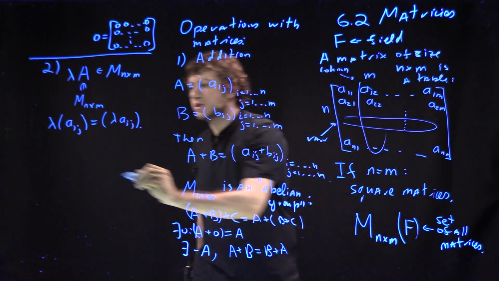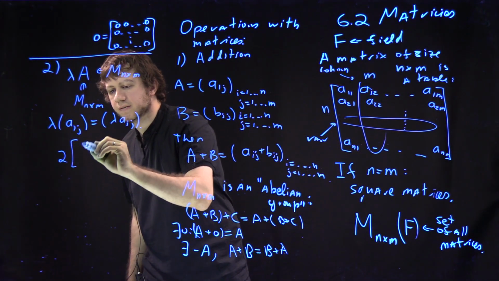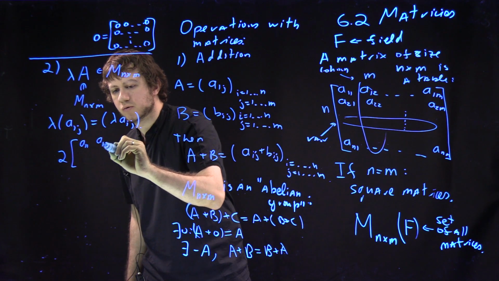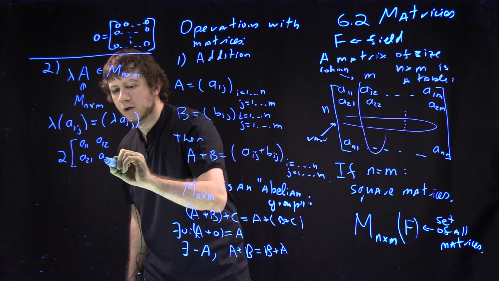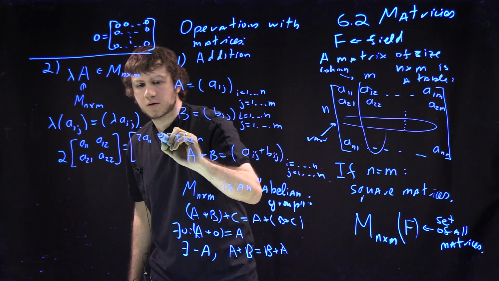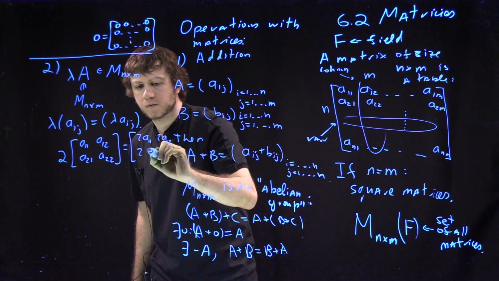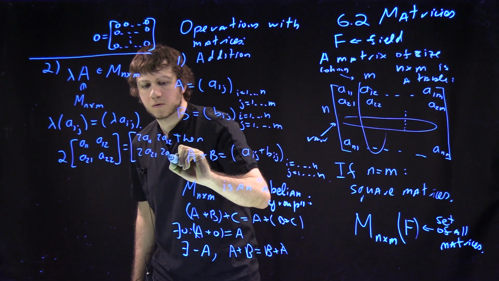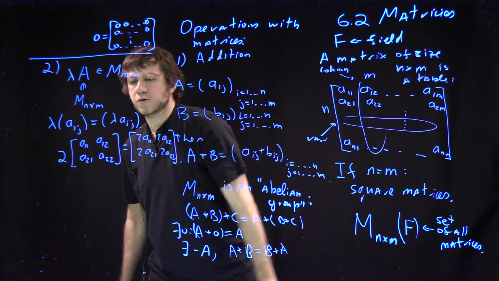For instance, if you take 2 times the matrix A11, A12, A21, A22, you just multiply all entries by 2. So this is what's happening.